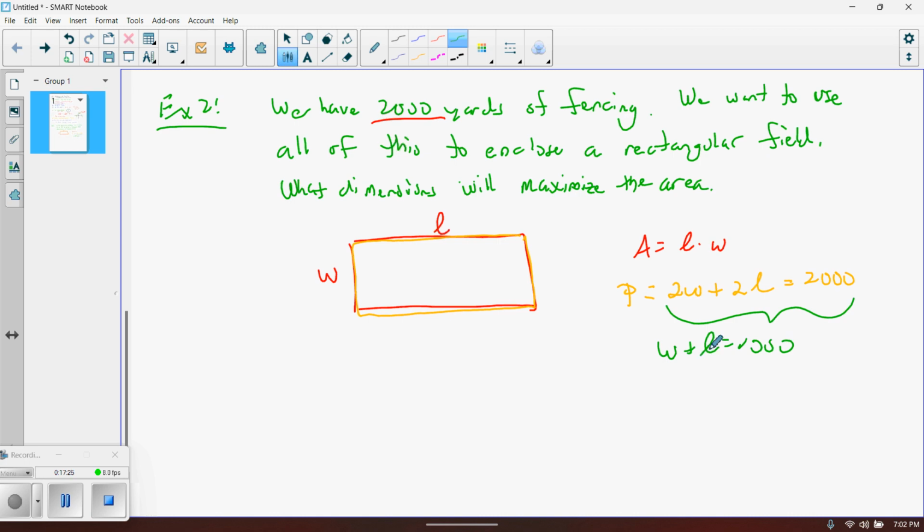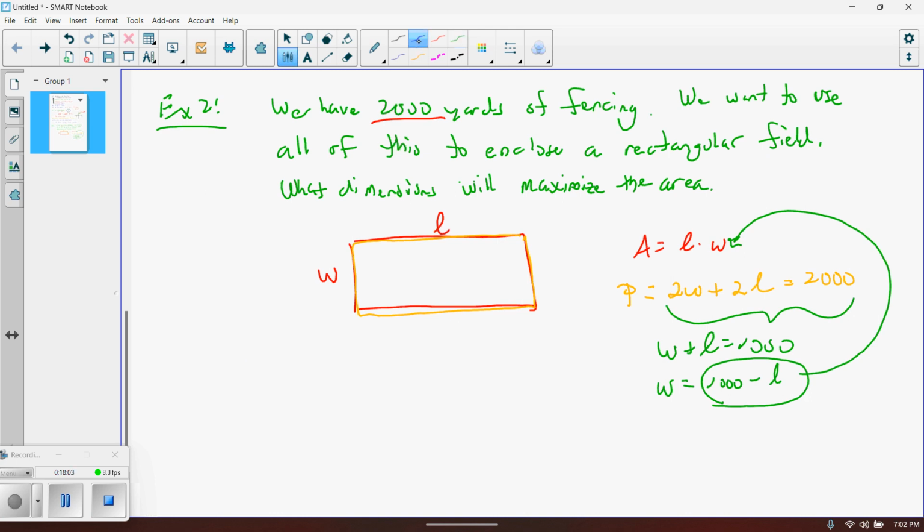And then literally I can solve for L or for W. Again, it does not make any difference. In this case, I'm just going to solve for the W. So if we solve for W, we would subtract L on both sides, which will be 1,000 minus L. Actually, let me make that look like an L. All right, so now what I have is this equation right here, which is W, which I can take and put right in there for that W, and that's going to eliminate the W and just leave us with an L to deal with.